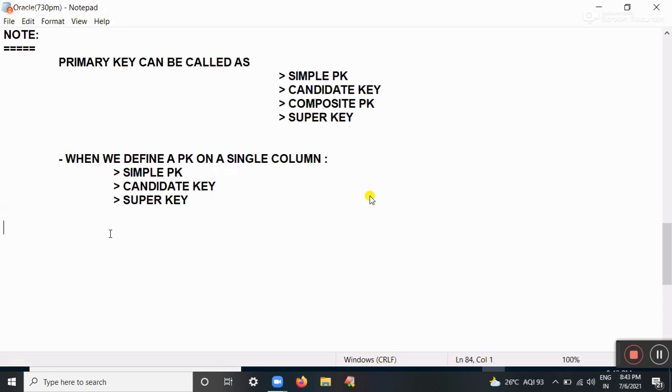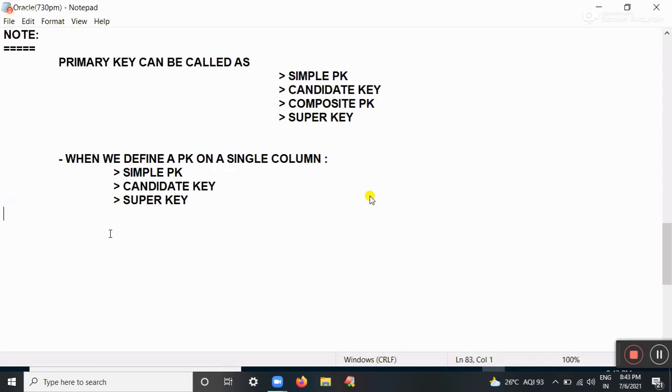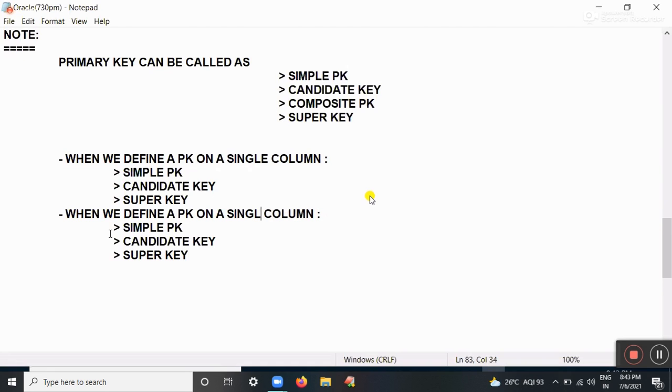Right. So as per this definition, what is your third normal form telling us? For a table to satisfy third normal form, first, your table should not have a transitive dependency.